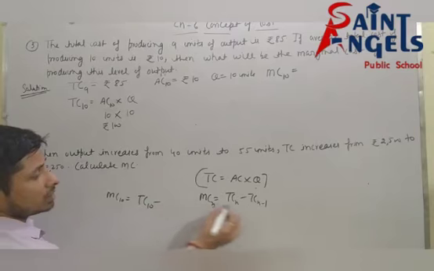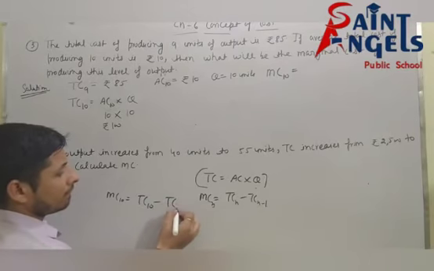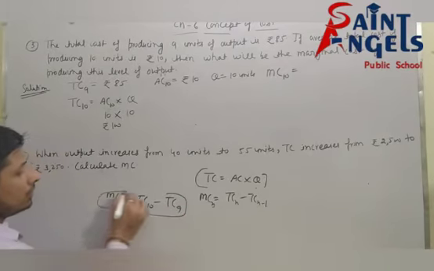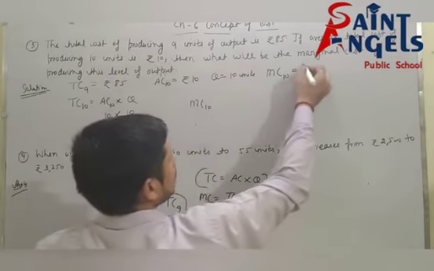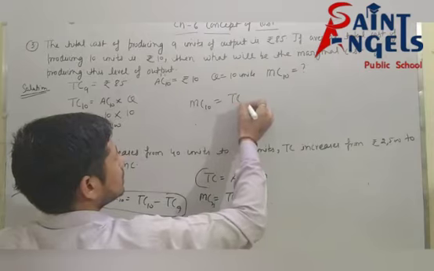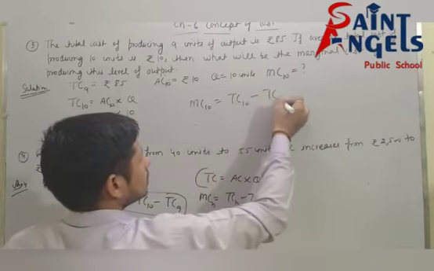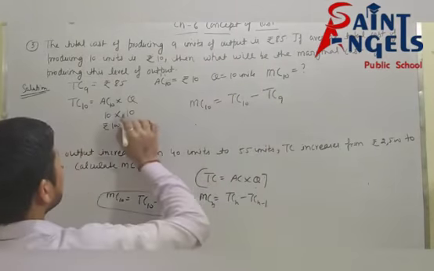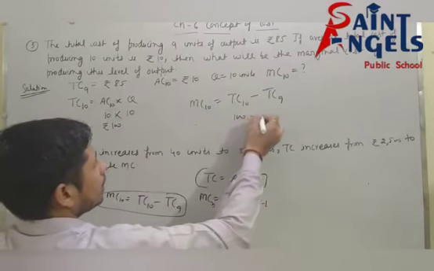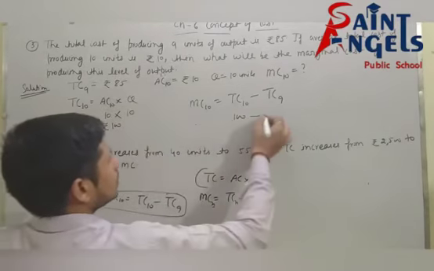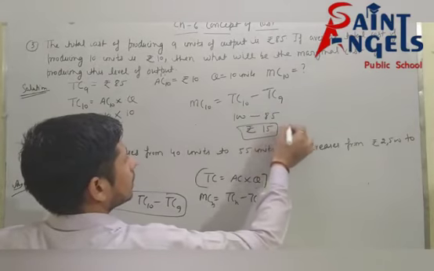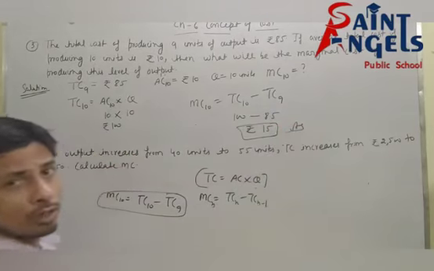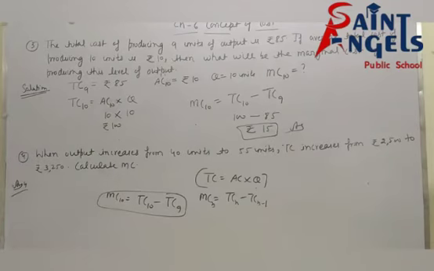TC10 minus TC9, so the formula will be MC10 is equal to TC10 minus TC9. TC10 means 100 and TC9 means 85. So rupee 15 is the final answer. I hope all of you have understood how to calculate this question.